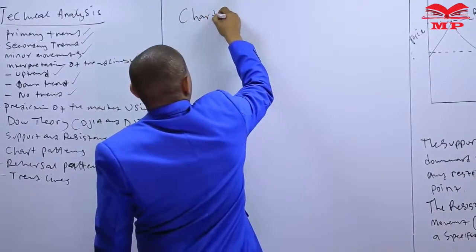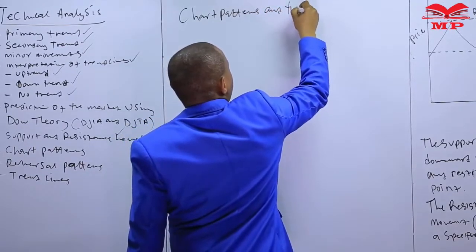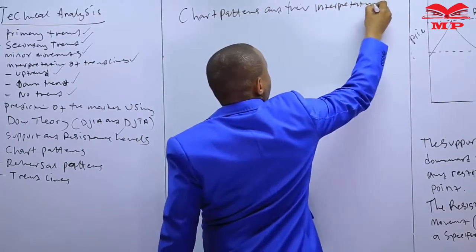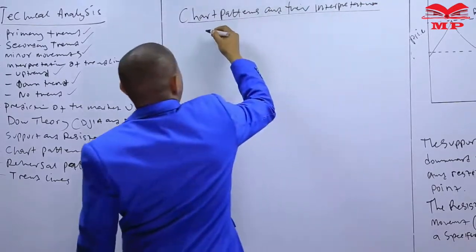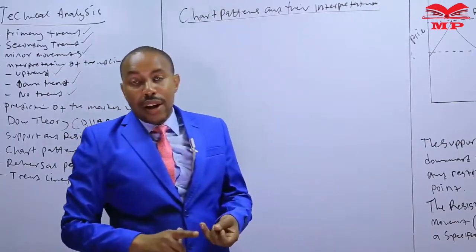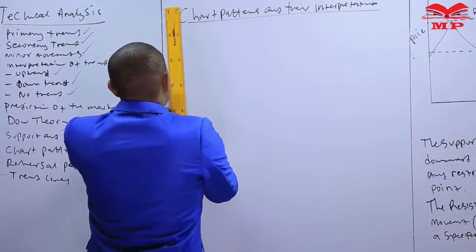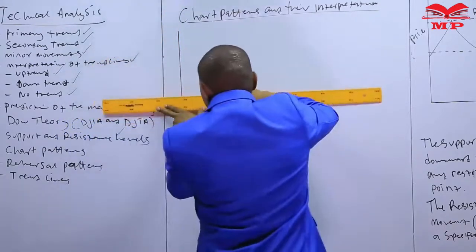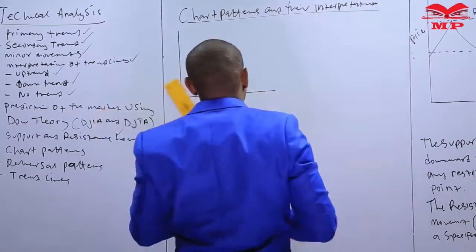Chart patterns and interpretation: we will first indicate a no trend, a bullish trend, and a bearish trend. That's what we need to understand. We may be repeating some of the items we've looked at, but that is what the technicians want us to do. They want us to understand the principles behind the use of graphs and charts.